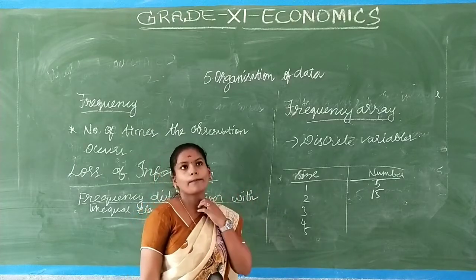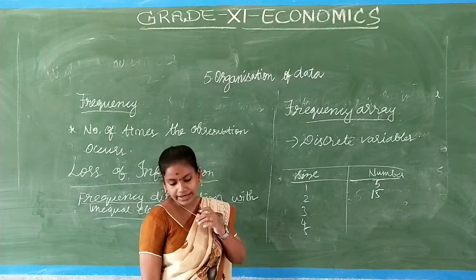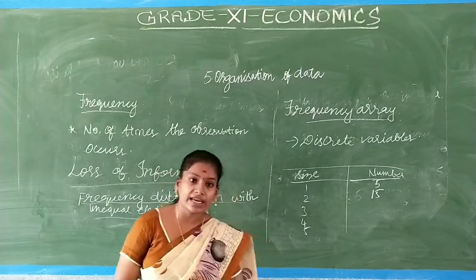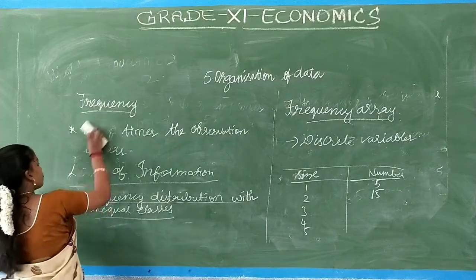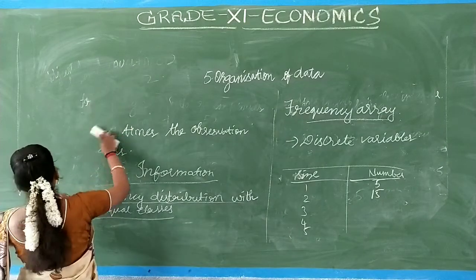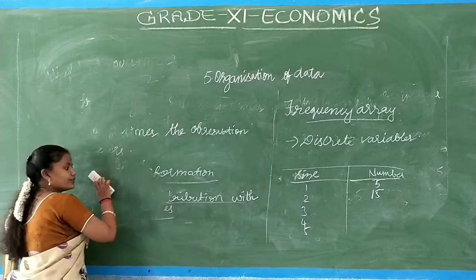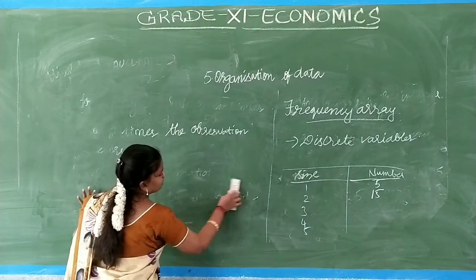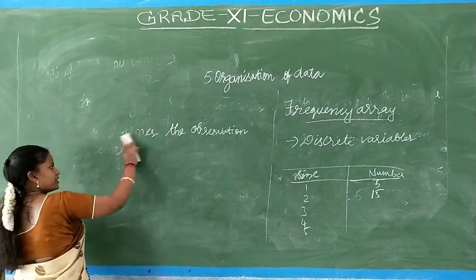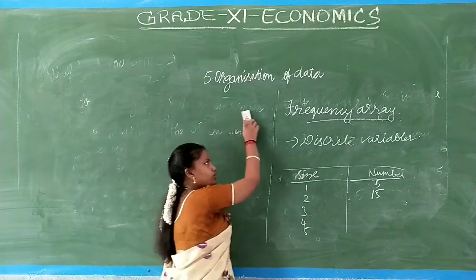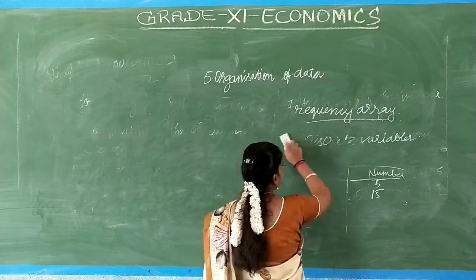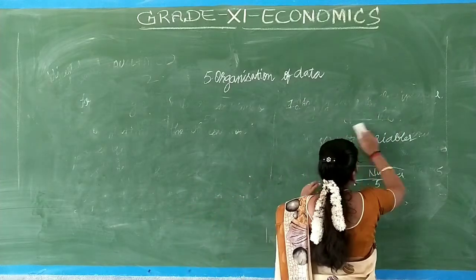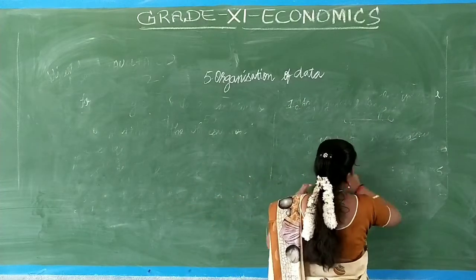The final topic in this organization of data is called bivariate frequency distribution. So far we have discussed what is frequency distribution, how do you prepare a frequency distribution, classification of data, and all those things. Finally, we are going to talk about bivariate frequency distribution.